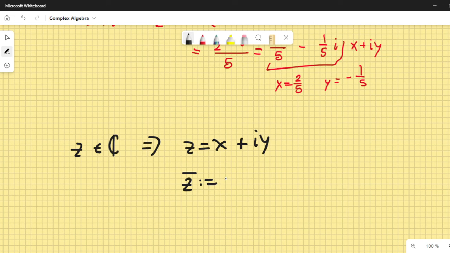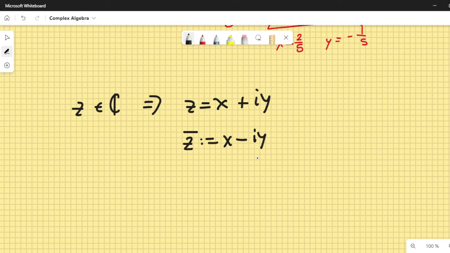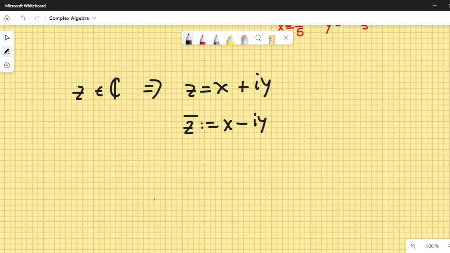We are going to define it as the same x but with the sign changed, minus iy. So the conjugate of a complex number is just the same x plus iy form with the sign change. For example, if c is equal to, I don't know, 2 plus 3i, the conjugate of this complex number is, of course, 2 minus 3i.